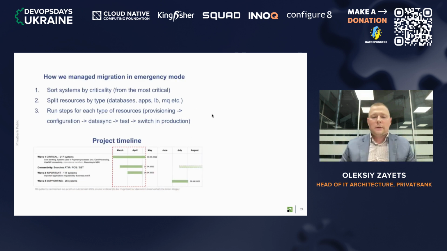How did we manage this migration to achieve the fastest results? We divided our systems by criticality, and then each system was split by different types of resources, for example databases, applications, load balancers, etc. For each resource type, we had an approved plan for how to migrate it: provisioning, configuration of items, synchronizing data, testing, and if testing was performed successfully, we switched to production.